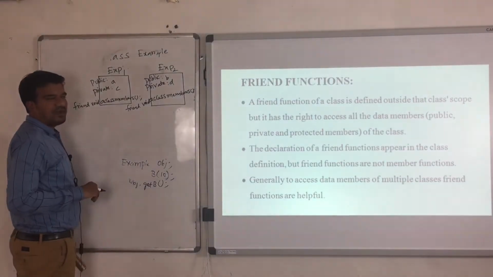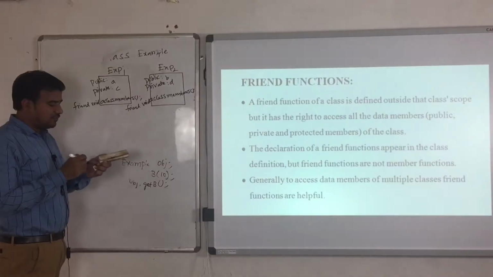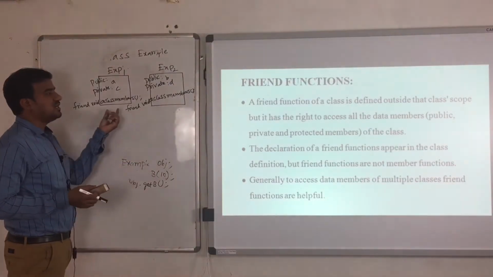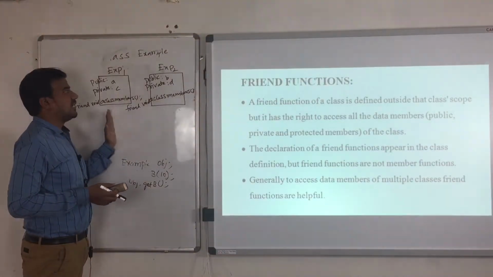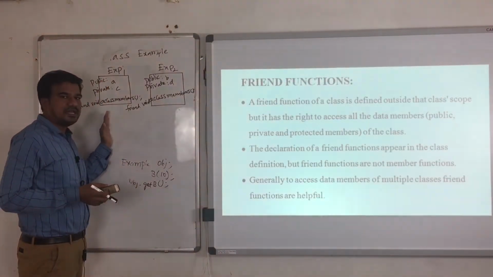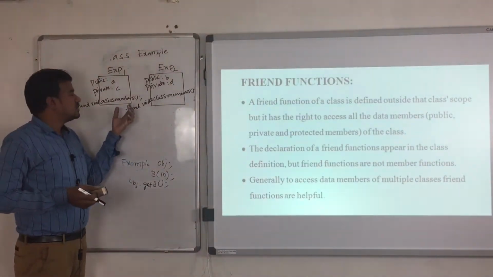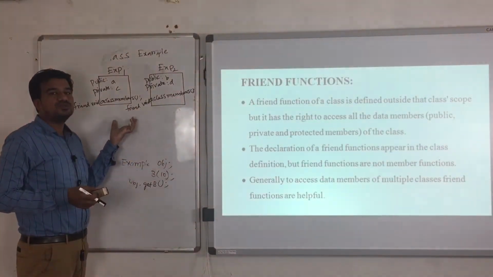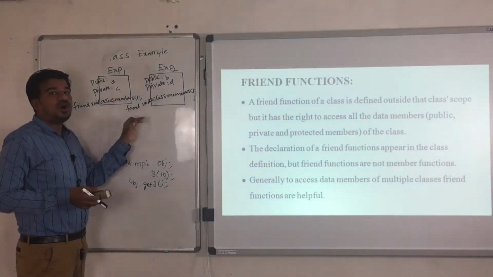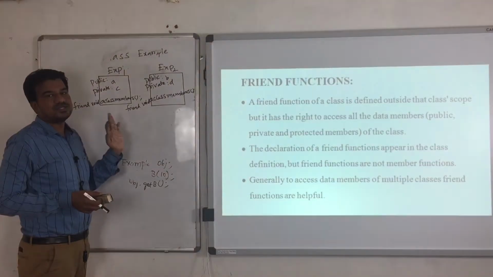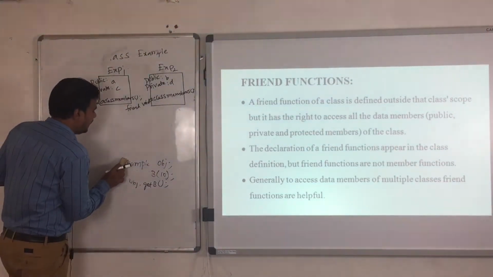So next thing we have to do is the definition. Where do we write the definition? This function is declared inside exp1, and it is declared inside exp2 as well. Because the function is not bound to any specific class, you have to write the definition always outside of the classes.